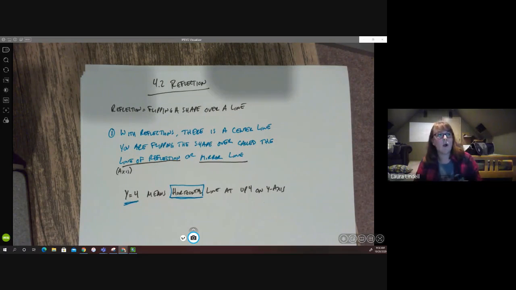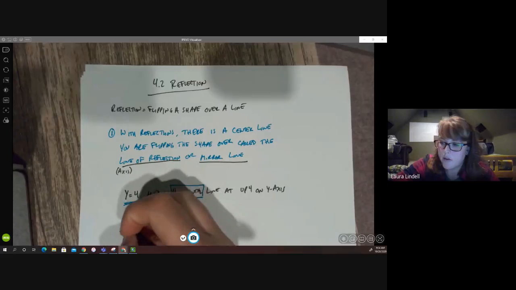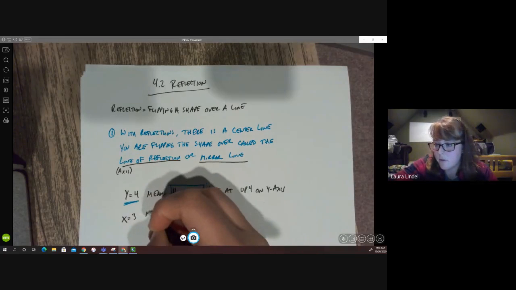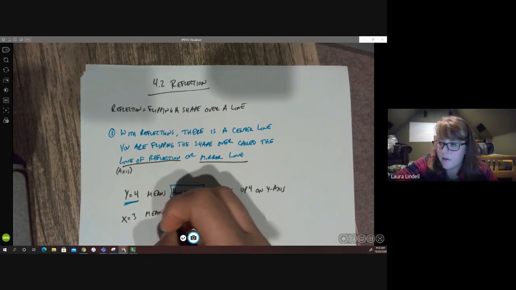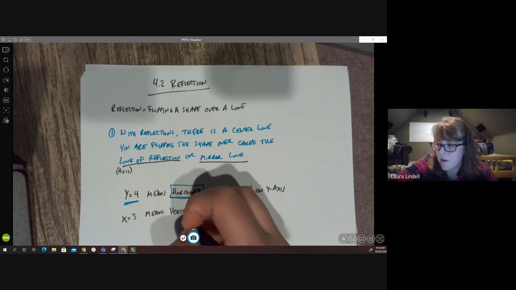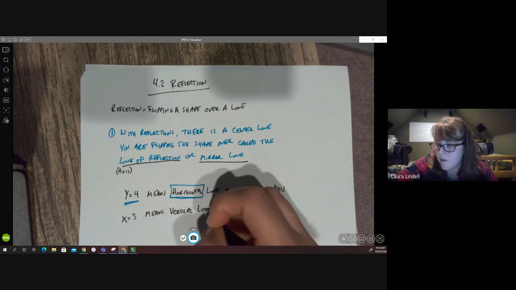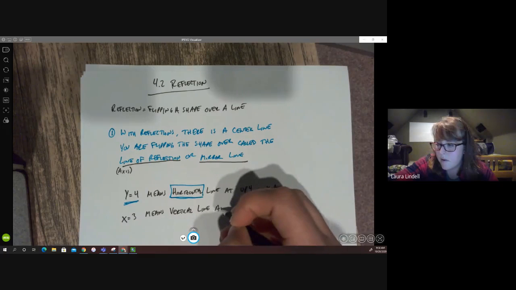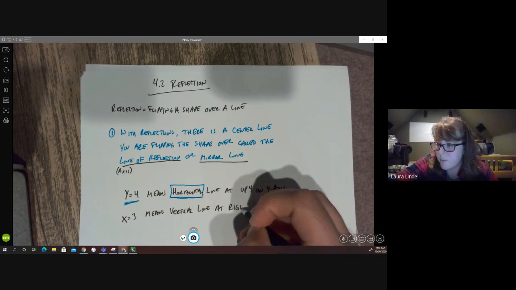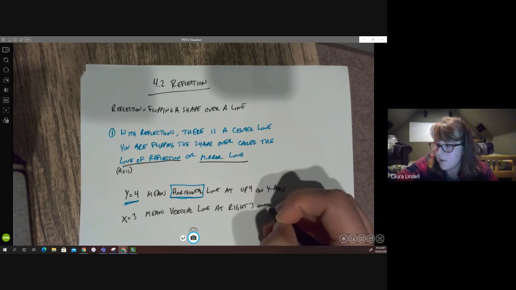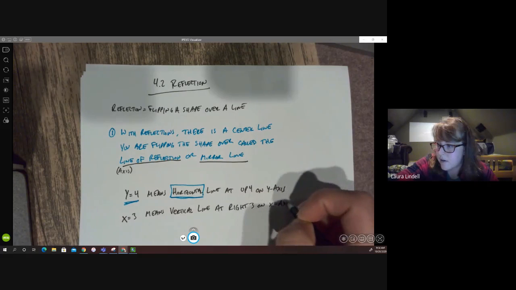So anytime you see y equals anything, that's going to be a horizontal line. And then something like x equals 3 is a vertical line at right 3 on the x-axis.